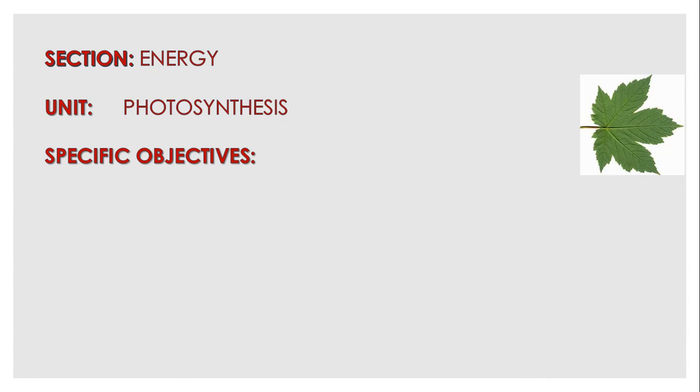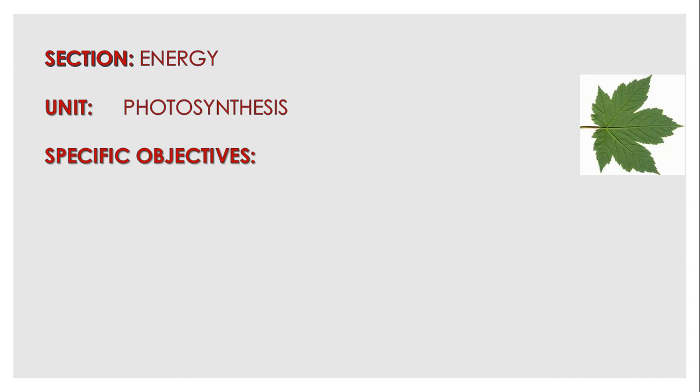In the equation we combine carbon dioxide with water in the presence of sunlight and chlorophyll to form glucose and oxygen. Glucose is one of the products of photosynthesis, but the ultimate one, the final one after photosynthesis is starch.